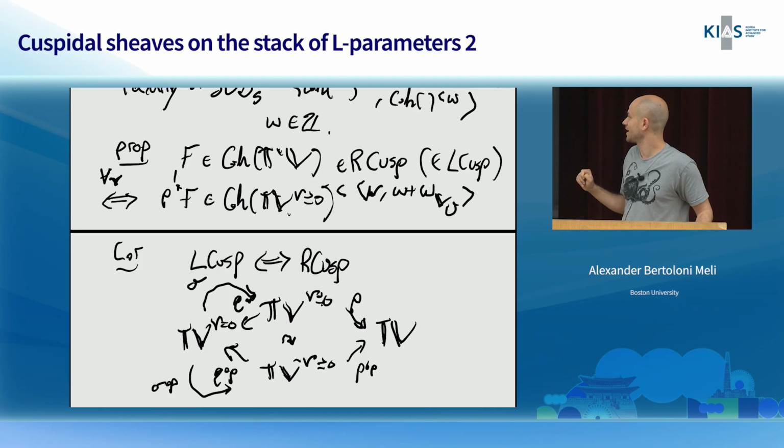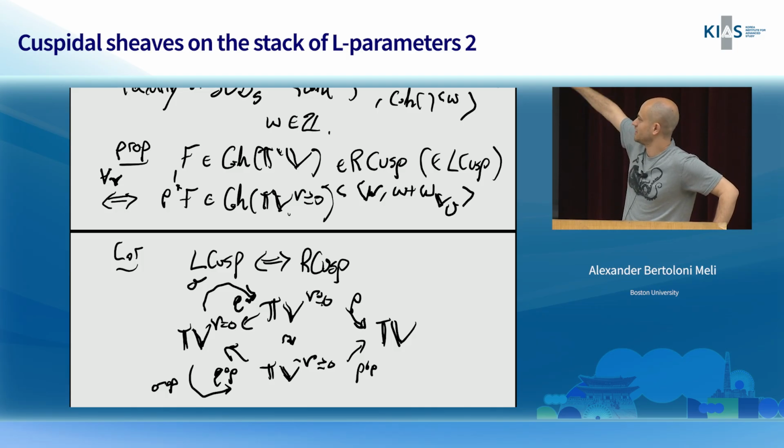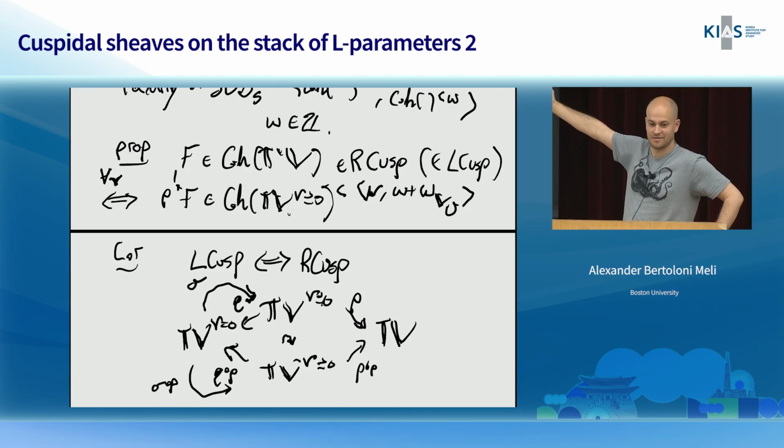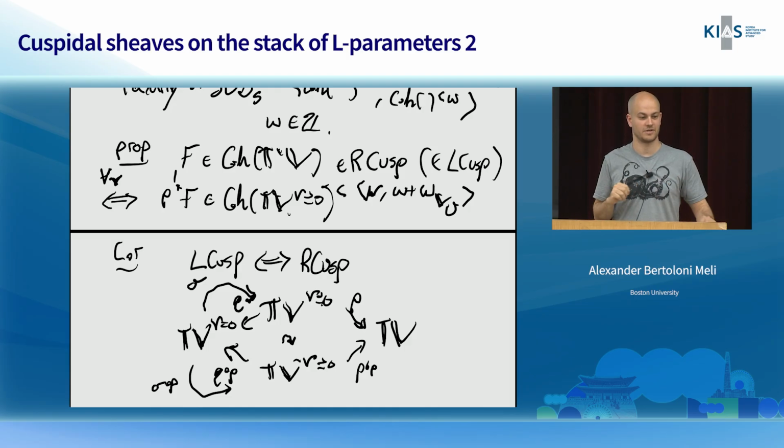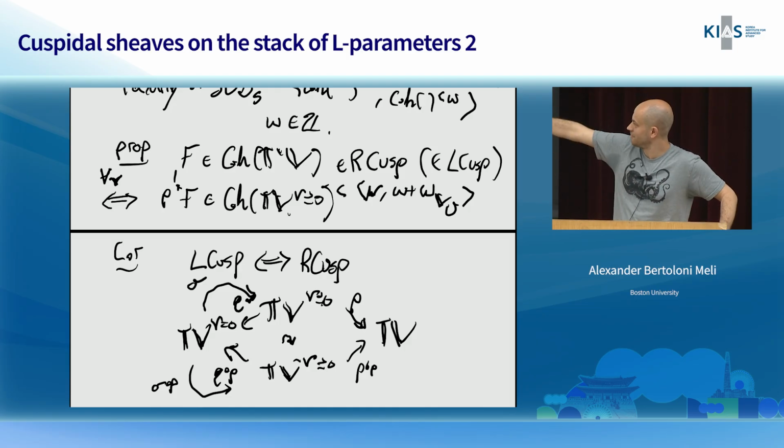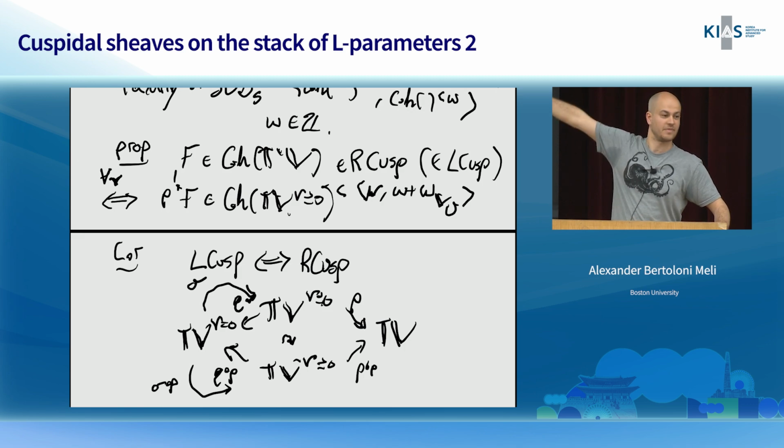So how does the proof work? Well, first of all, we want to use this proposition, and so we say that F is right cuspidal if the Schrieg pullback to TV has a certain weight, but then these baric structures have a functoriality. So in fact, we can measure that weight on TV nu equals 0, pulling back further by sigma.